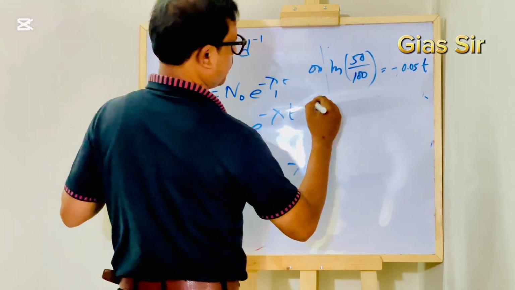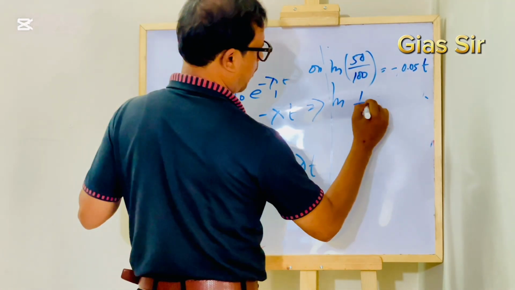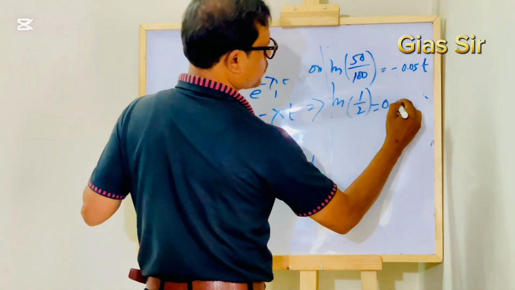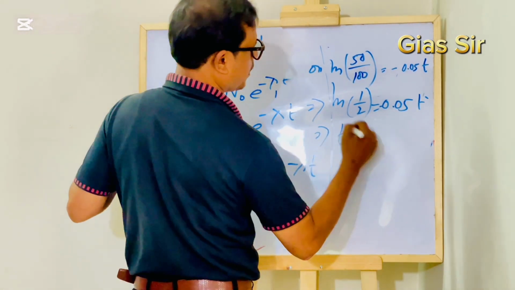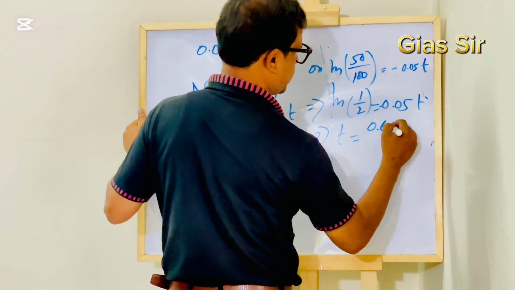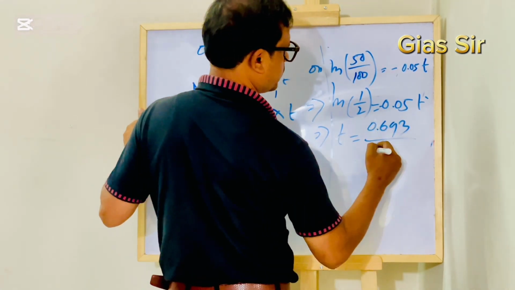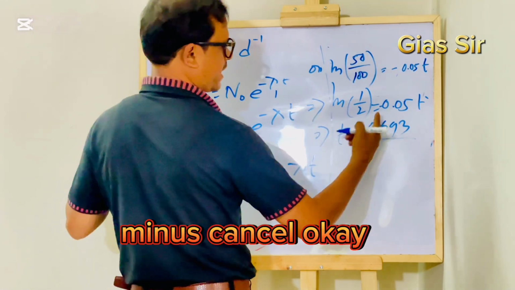This is t. Okay, ln of 50 over 100, ln half, equals minus 0.05 t, to find out t. Ln half is probably minus 0.693, divided by minus 0.05, the minus signs cancel.